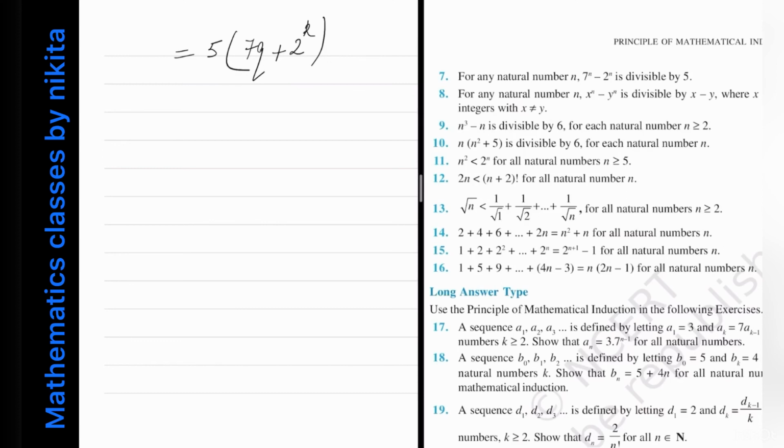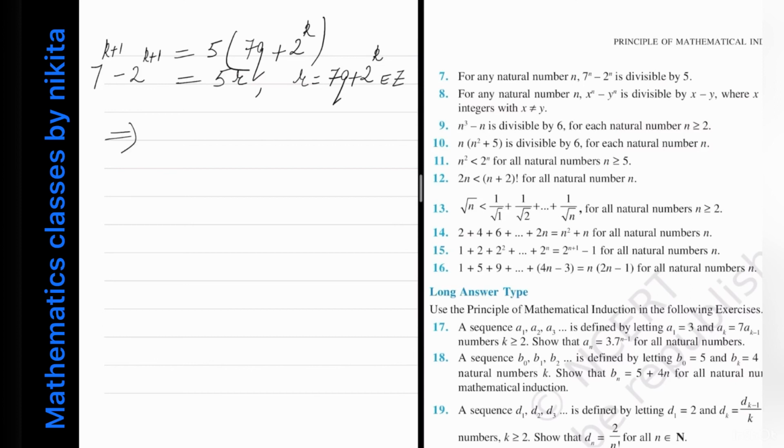Now note that Q was an integer and 2 to the power K is a natural number, तो इनका जो sum होगा वो integer होगा. So I'll write this as R, where R is equal to 7Q plus 2 to the power K and this is some integer. तो मेरे पास क्या आ गया, that 7 to the power K plus 1 minus 2 to the power K plus 1 is equal to this.